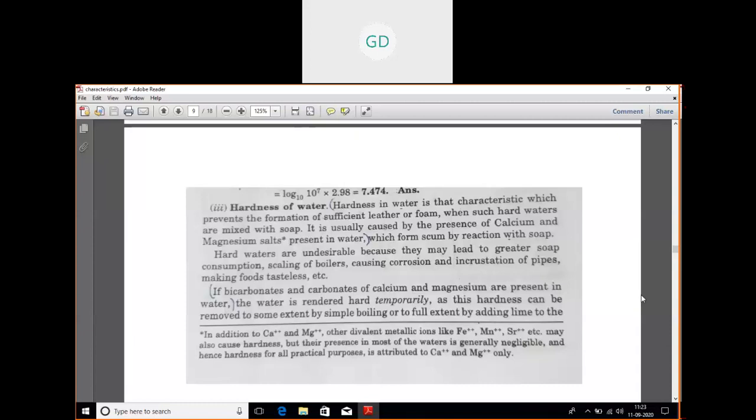Number one is temporary hardness, or carbonate hardness, and the other one is permanent hardness, or non-carbonate hardness. So first, see what lines you can write from here.